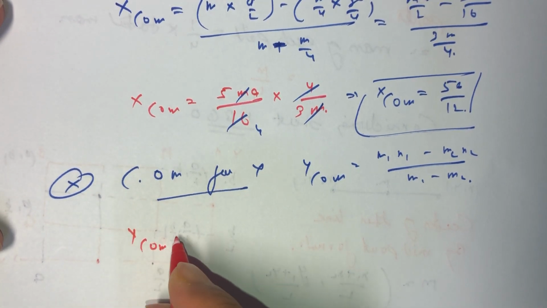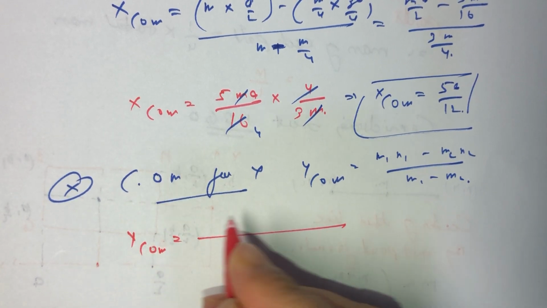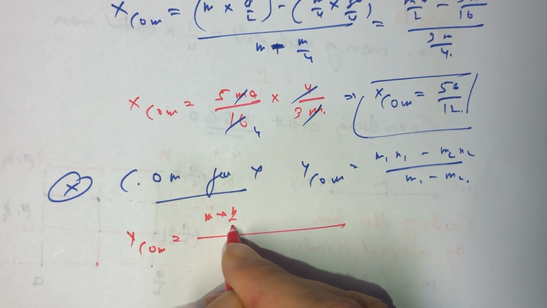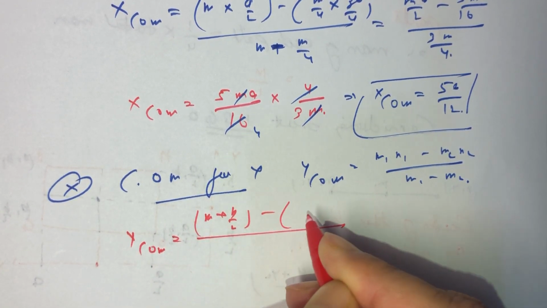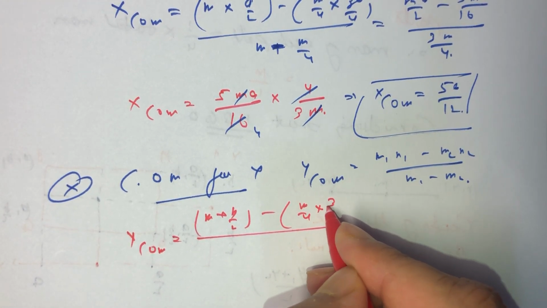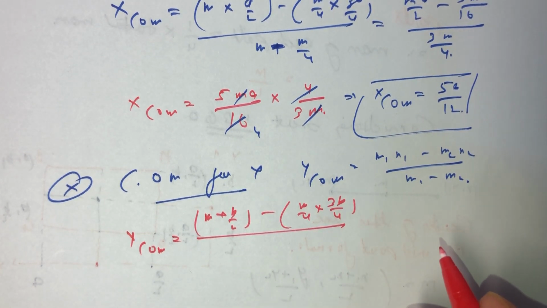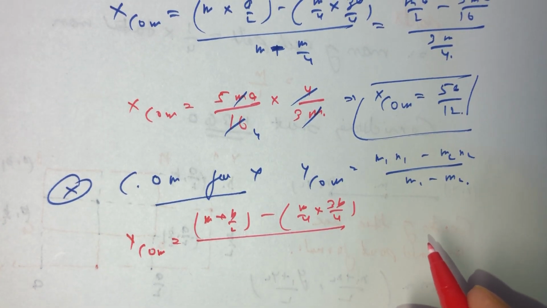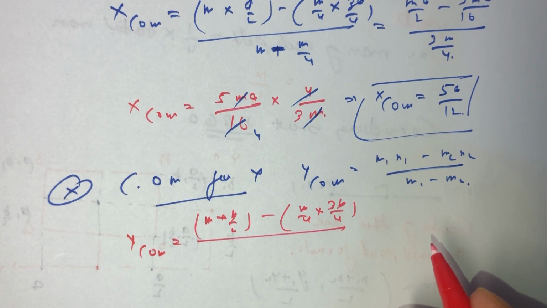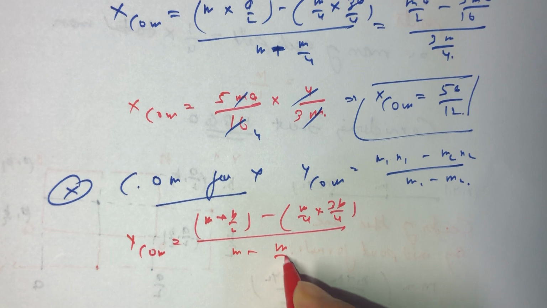Y center of mass is equal to M multiplied by B by 2 minus M by 4 multiplied by 3B by 4, divided by M minus M by 4.